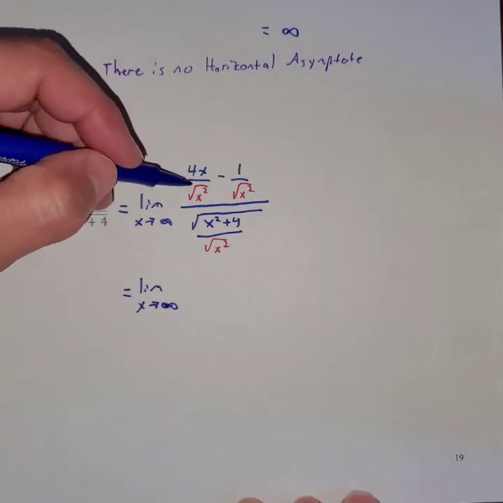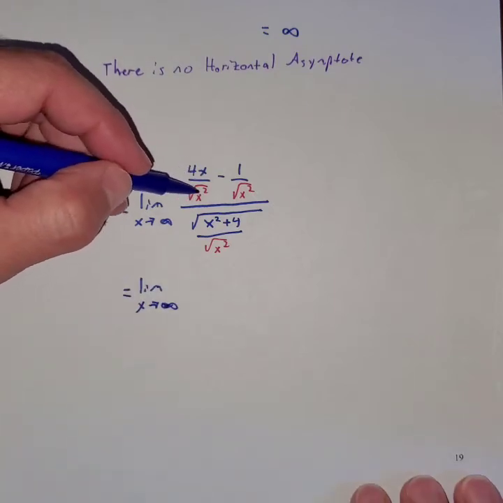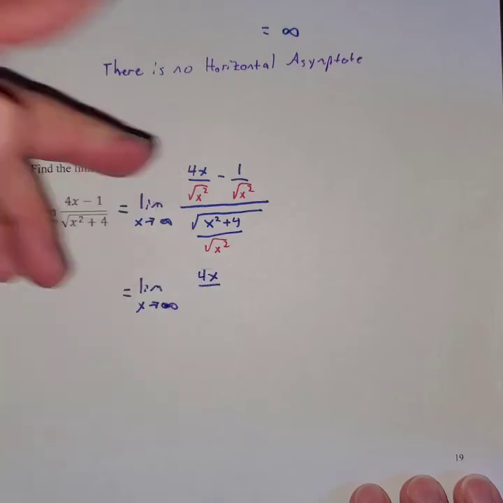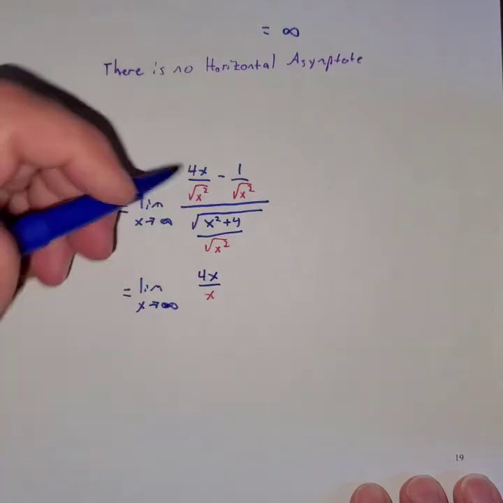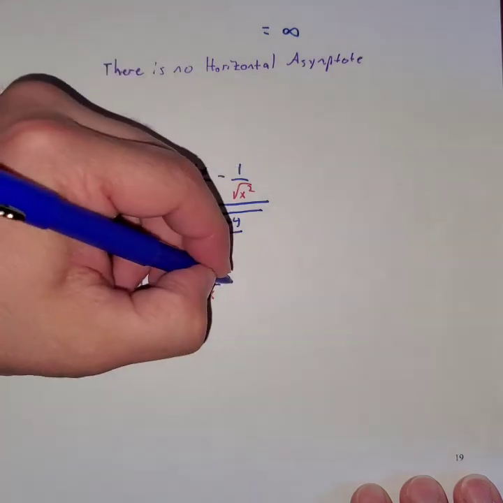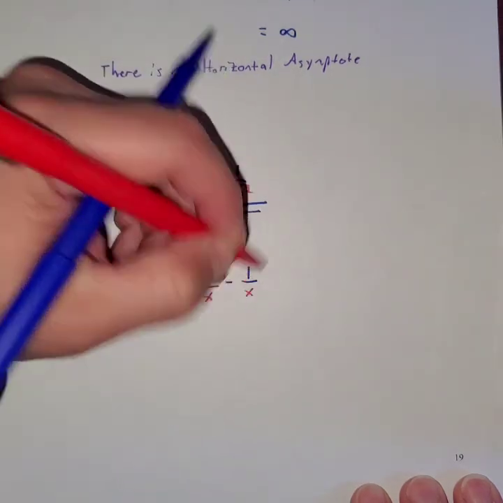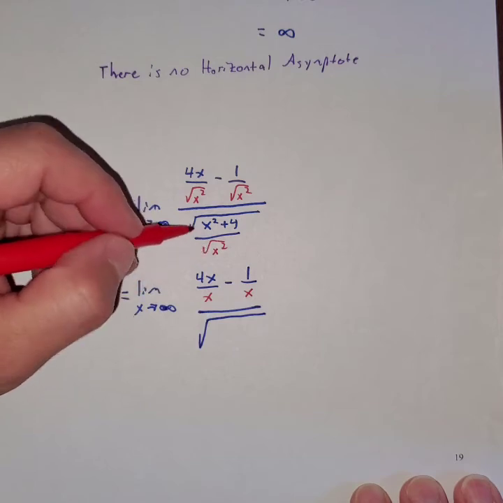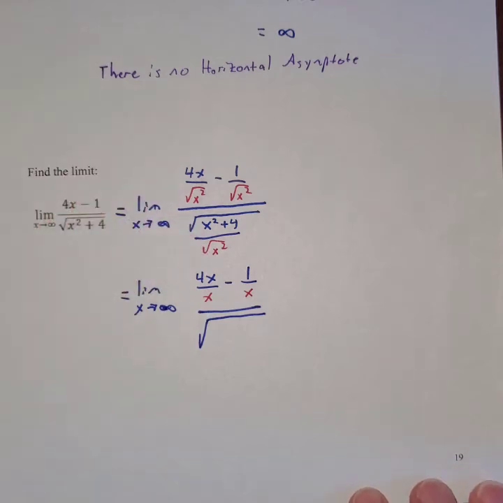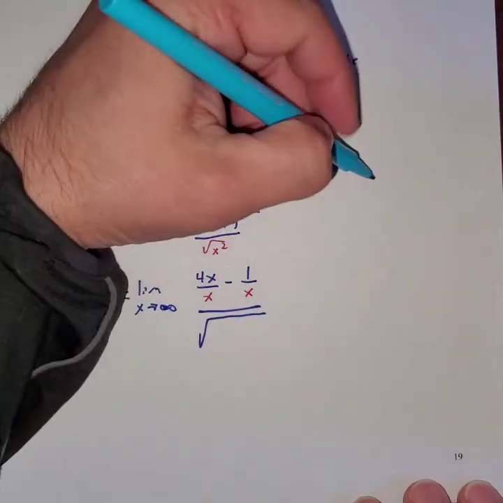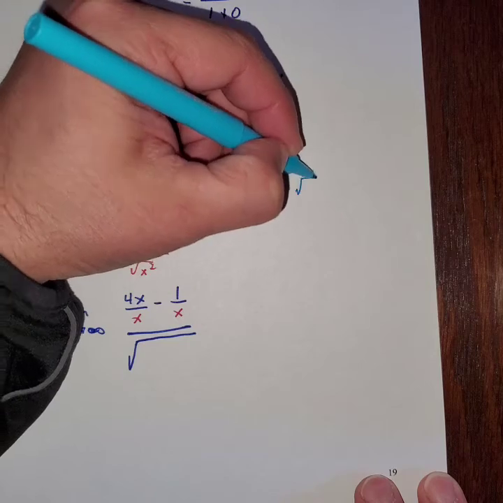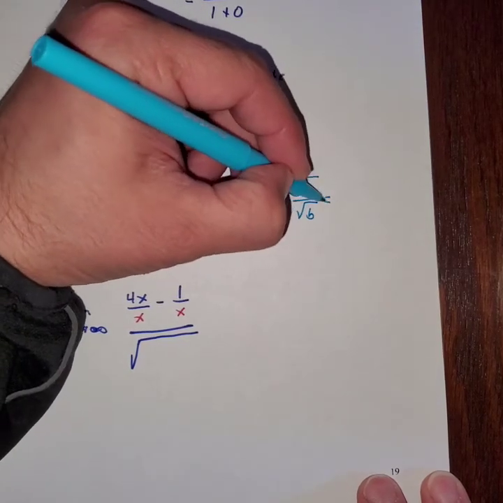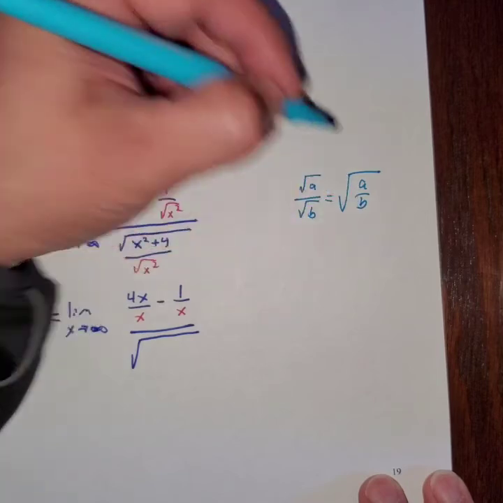Now for my numerator, I can rewrite square root of x squared as just an x. So I'm going to say 4x over x. And same with the 1 over x. On bottom, I'm going to use the property of algebra, which if you think back to our properties of algebra, we have one that told us that square root of a divided by square root of b is square root of a over b.